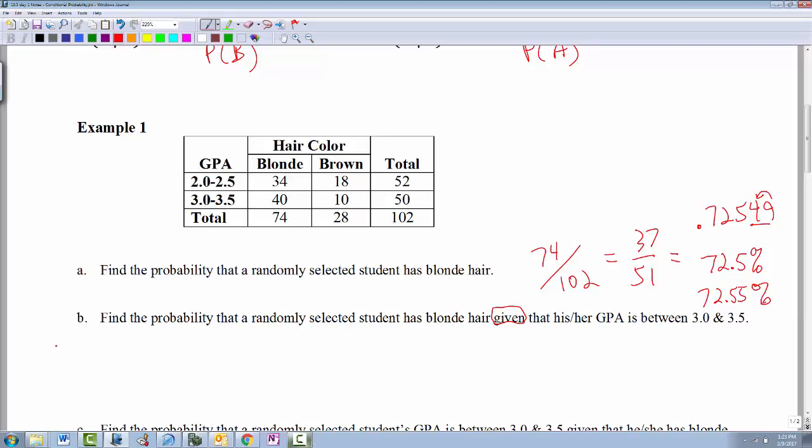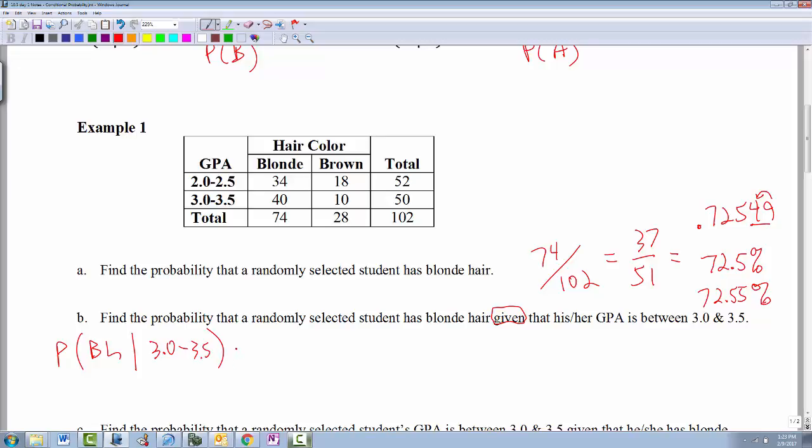So this is the probability of blonde, sorry, given that we have a 3.0 through 3.5, maybe I'll do that symbol.